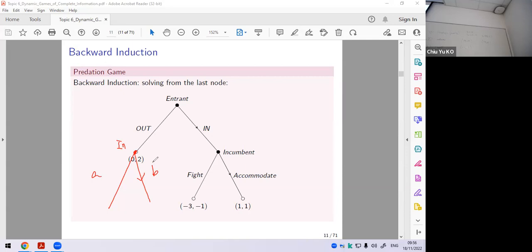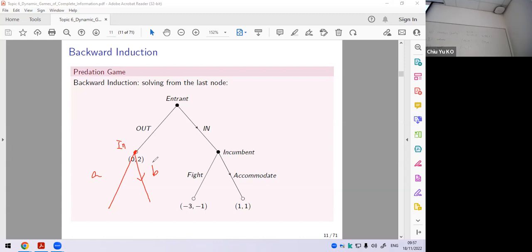For entry. And for the incumbent, you need to check deviation to other strategies, right? But you don't need to worry about this one, because choosing this has no consequence. You only need to check this one. So what we call Nash equilibrium only needs to check along the outcome path, or equilibrium path. So this is checking along the equilibrium path, only this one.